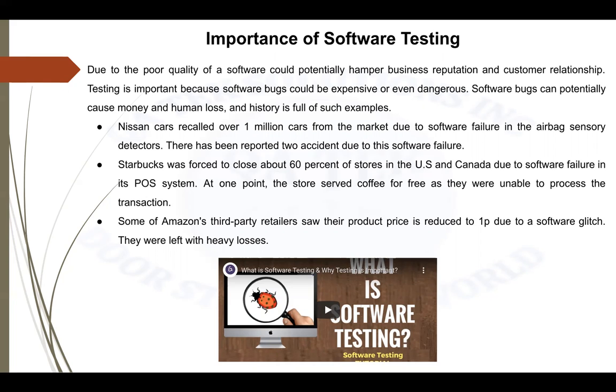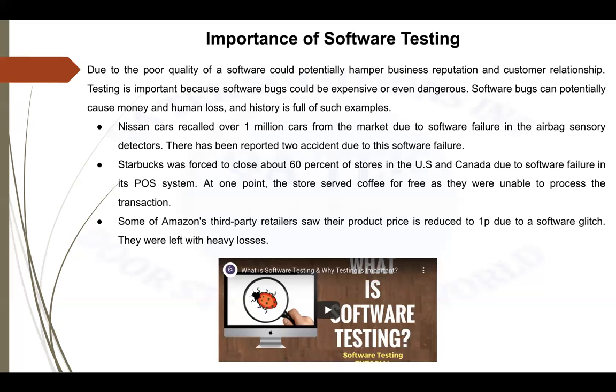And Amazon, pretty much we all use this e-commerce website. So what happened in Amazon? Whoever was posting the price of their products, mistakenly the product price was reduced to 1 penny. We think 1 penny is nothing, but if it's millions of customers and the product price is reduced by 1 penny, at the end of the day, it's a lot of money.